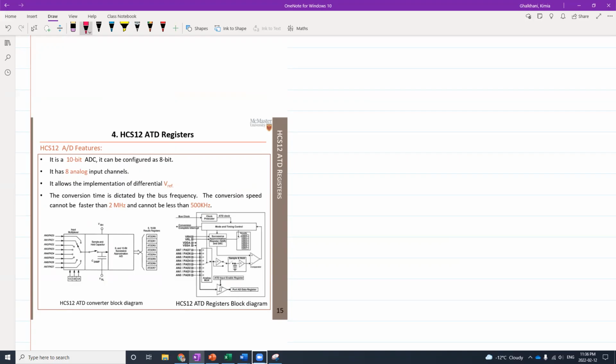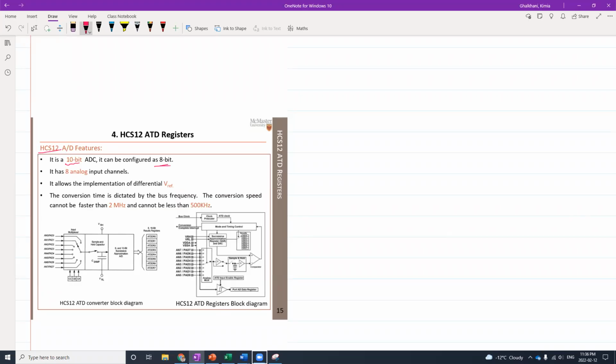Now let's look at the structure of the analog to digital converter. Usually what you see in this slide is the register block diagram. This one is available for every other analog to digital converter as well. But this is the one that we have in the lab, which is the HCS12. In the lab, it has 10 bits, and it can be configured as 8 bits.